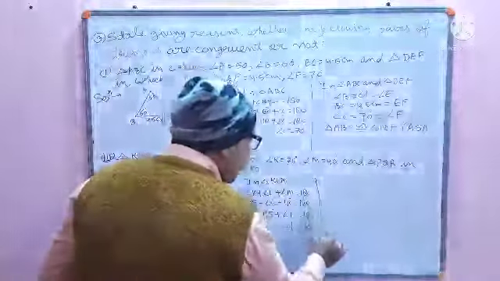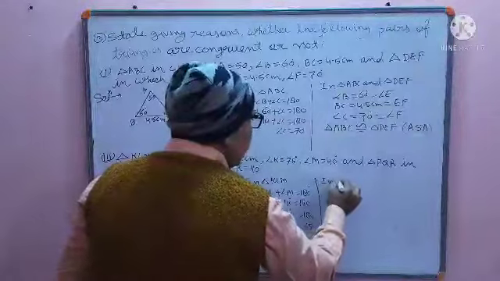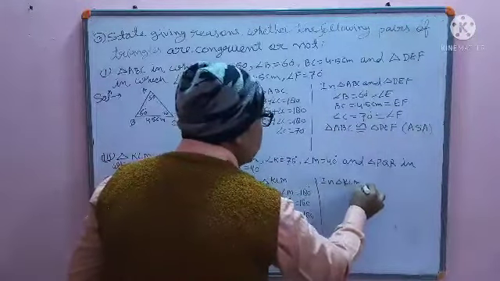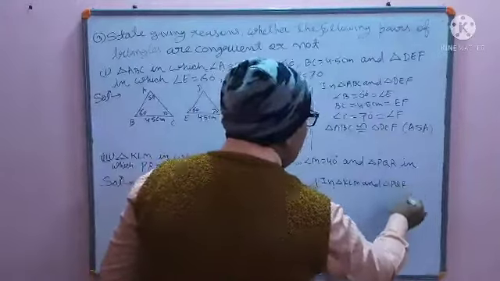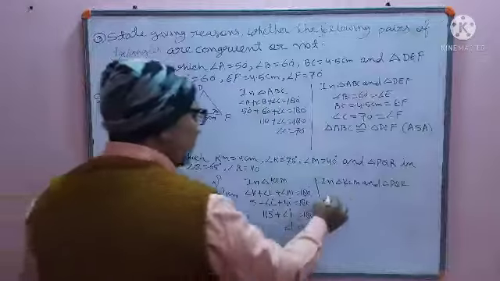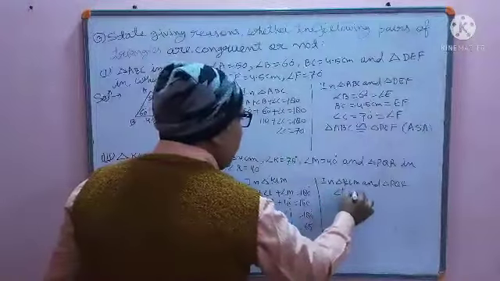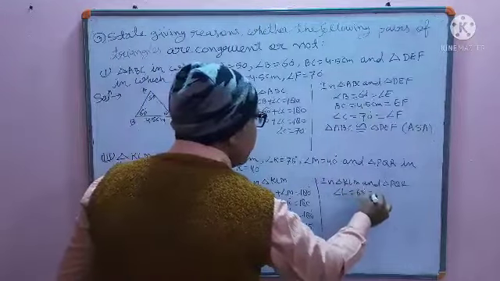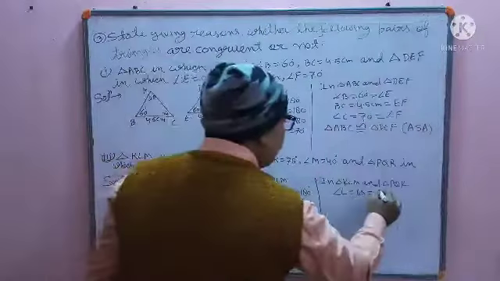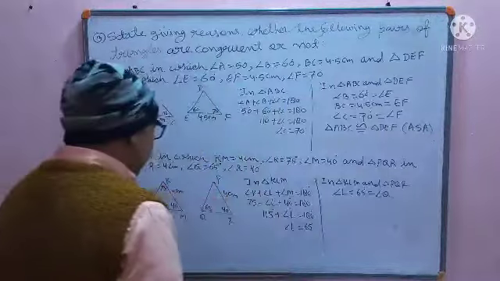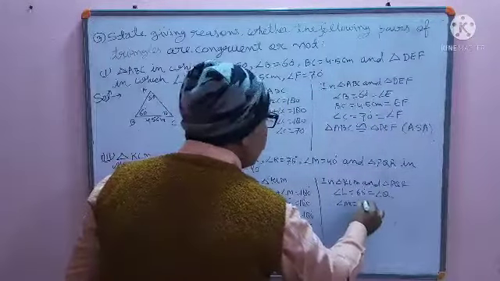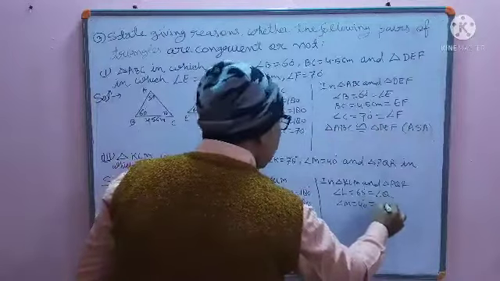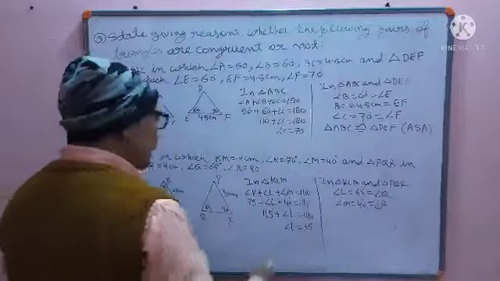So how to write it? First write the name of the triangles, KLM and PQR. In these two triangles, here angle L is 65 degrees and in that triangle angle Q is 65 degrees. Here angle M is 40 degrees, here angle R is 40 degrees.